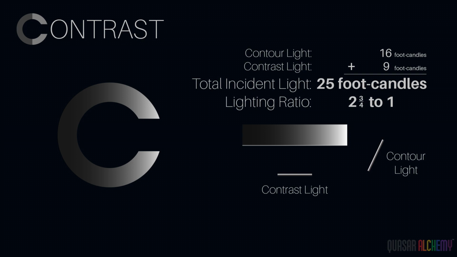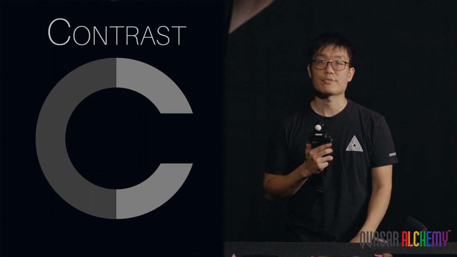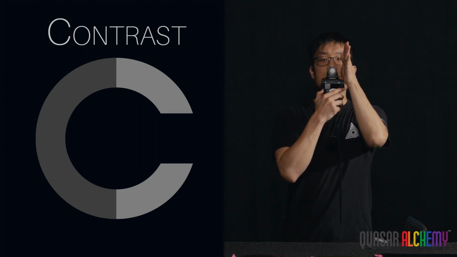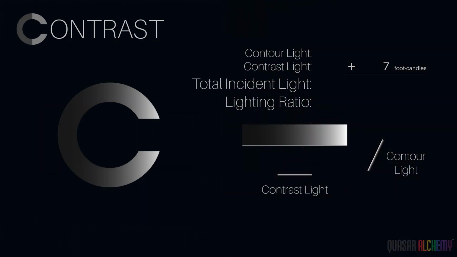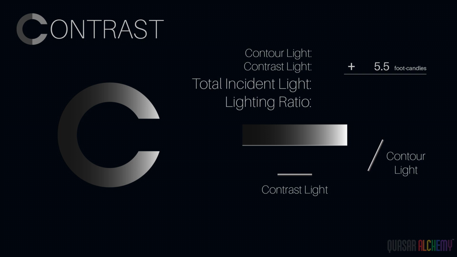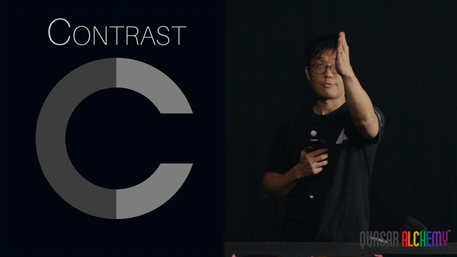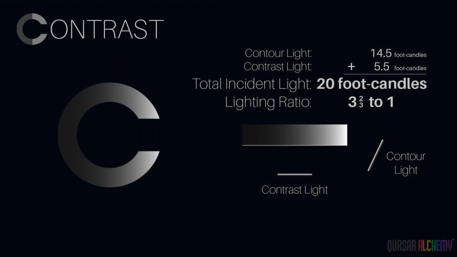And we're going to go to the next contrast ratio, which is the next click down, which is about 75% of the light. This contrast light now is at 7 foot candles, and the overall light hitting my face is 21 foot candles. So let's go down to a full stop down, which is 50%, and I'm getting about 5.5 foot candles from that contrast light versus 20 combined altogether.